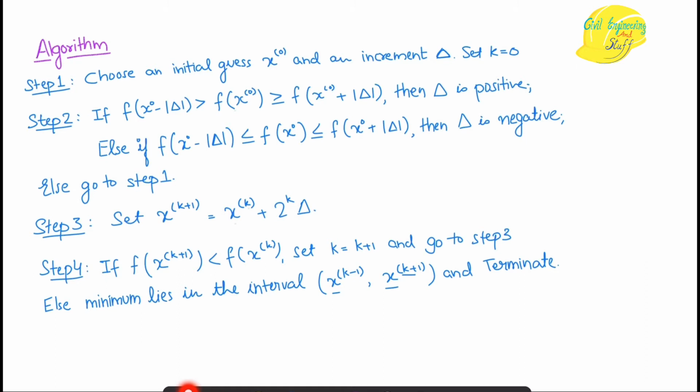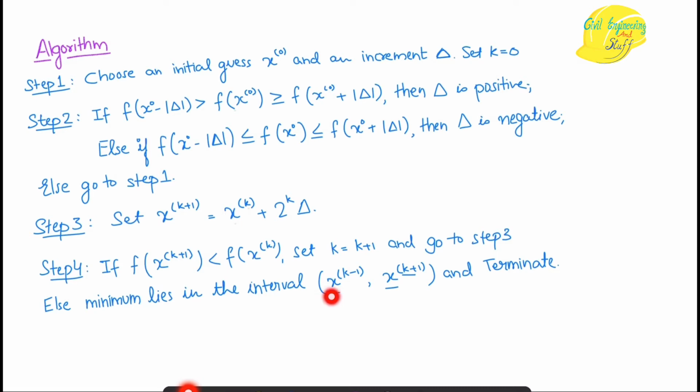After this, we find the function value of x to the power k plus 1. If the function value of x k plus 1 is less than the function value of x k, that is the previous one, then we set k equal to k plus 1 and go to step 3 again. If f of x k plus 1 is greater than f of x k, it means we have found the bracket in which our minima will lie, and we terminate the iteration.